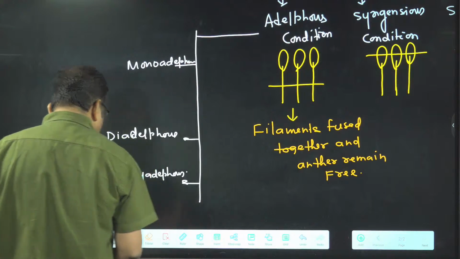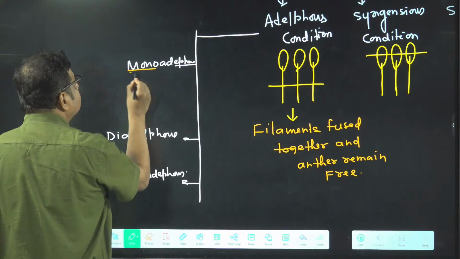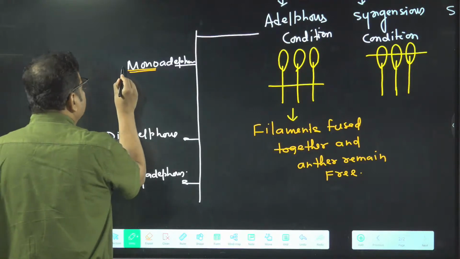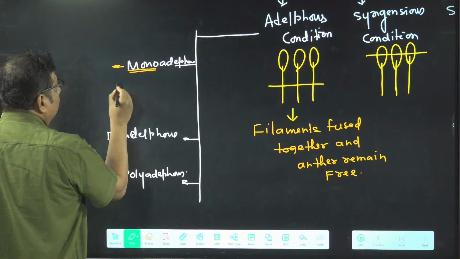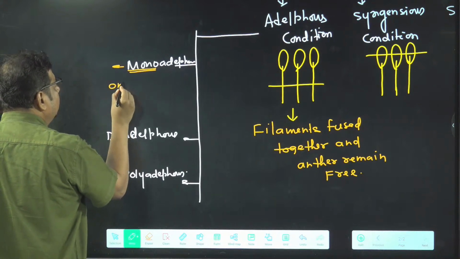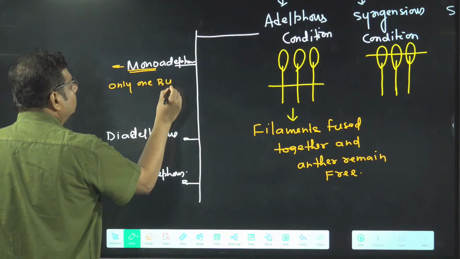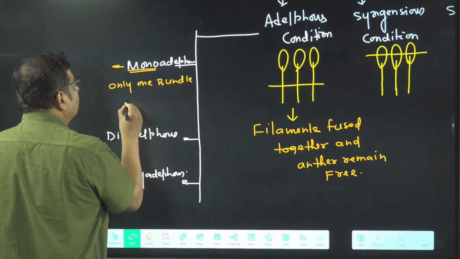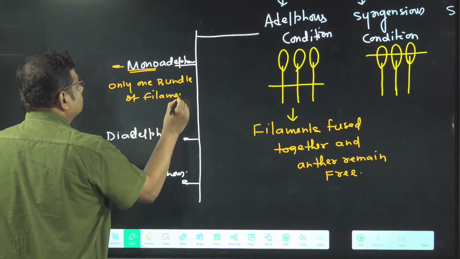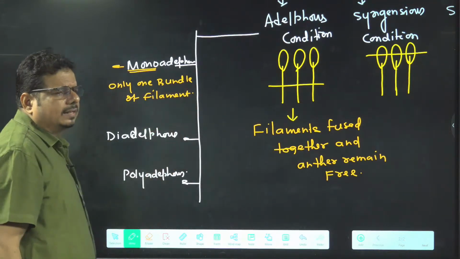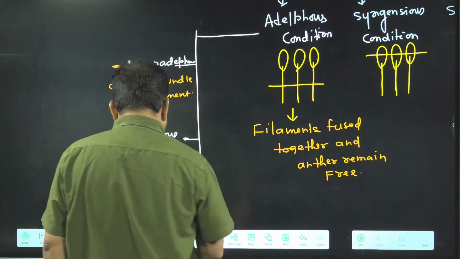In monoadelphous, it is very clear from the name. Mono means single, and bundle. In monoadelphous condition, there is only one bundle of filaments. When filaments fuse together in a single bundle, that is called monoadelphous condition.